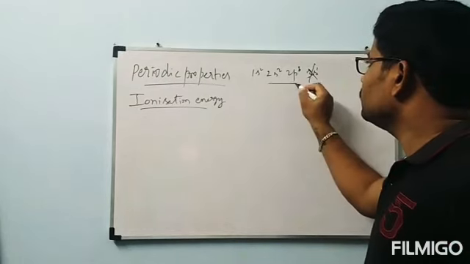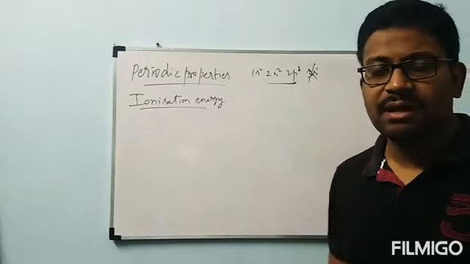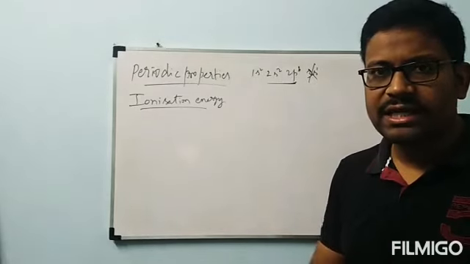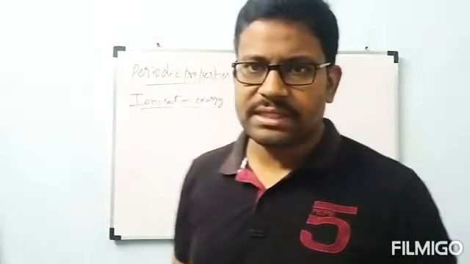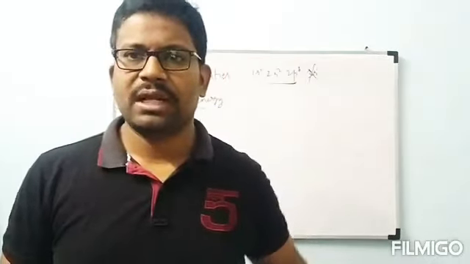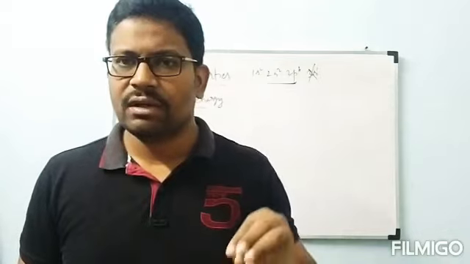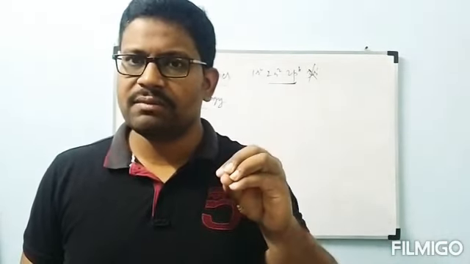IE2 means we have to remove an electron from 2p6, which already has the stable neon configuration. It is not at all possible to remove the electron from 2p6, because it has the neon configuration. Because of that, IE2 of sodium is very high.